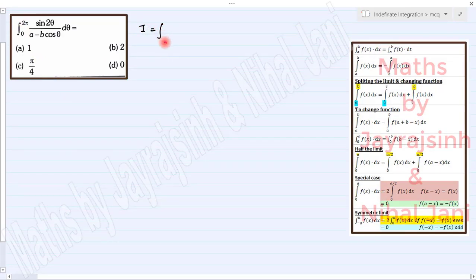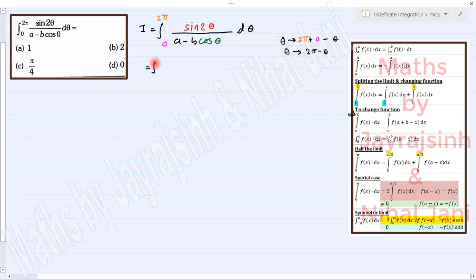Here we have to find out the integration of sine 2 theta upon a minus b cos theta from 0 to 2 pi. Let's use the property to change the function. We can replace your theta by the summation of the limits, which is 2 pi plus 0 minus theta, or we can say your theta can be replaced by 2 pi minus theta.